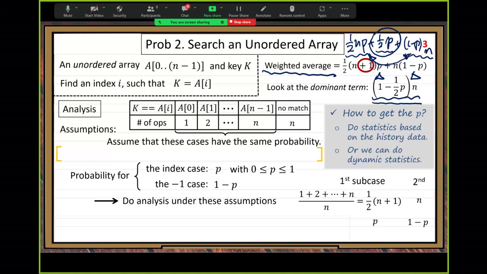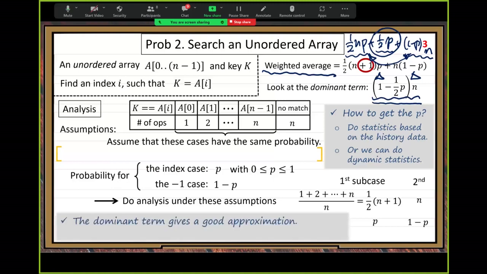This concept will be used in Module 2. Here is just a little preparation. So the dominant term gives a good approximation. Sometimes our efficiency function could be very complicated. It may have many terms. But we want to use a simplified version of the efficiency function. We just take its dominant term, and we drop all the other minor terms.